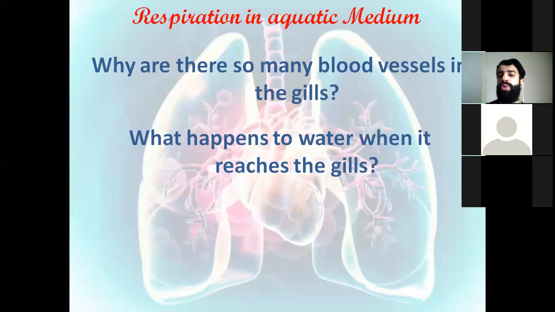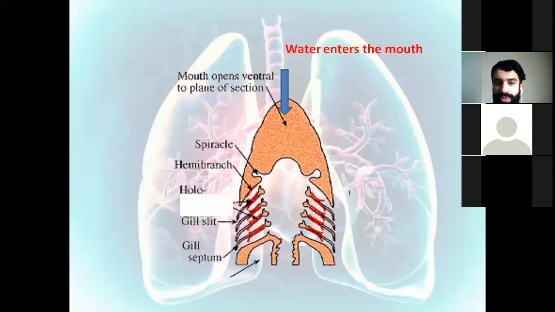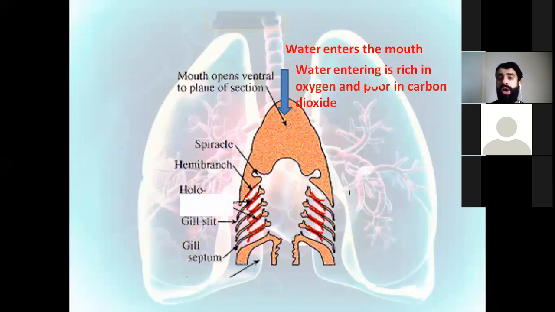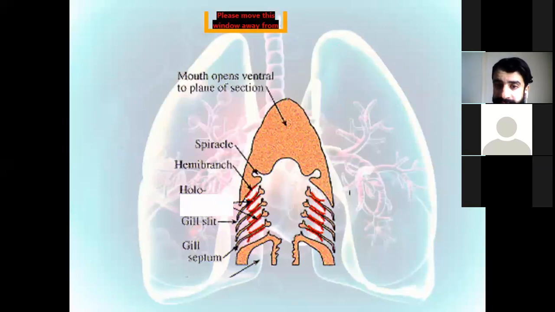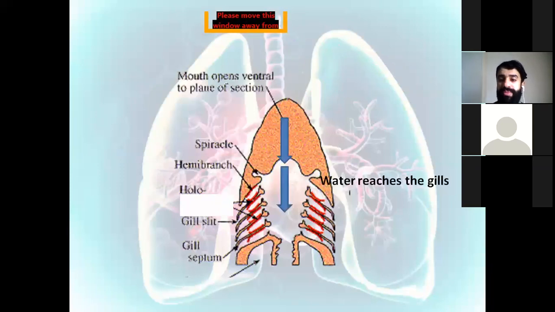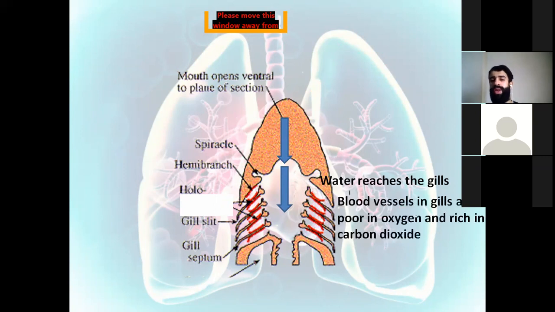So what happens to the water when it reaches the gills? Let's move here. As you know, the water enters through the mouth of the fish. Water entering is going to be rich in oxygen and poor in carbon dioxide. It moves from the mouth toward the gills. When it reaches the gills, what will happen?